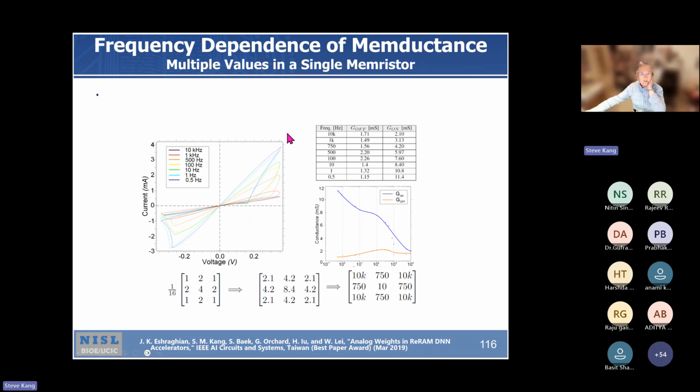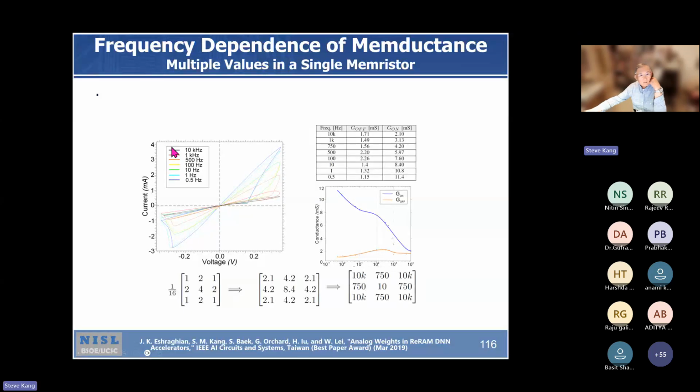The other interesting thing is frequency dependency. So this shows the Lissajous figure when the input voltage is sinusoidal at different frequencies. For instance, when it's 0.5 hertz, this is the blue curve like this.